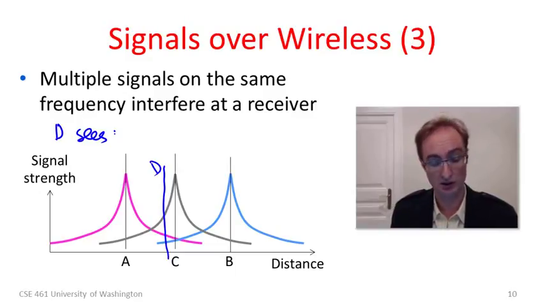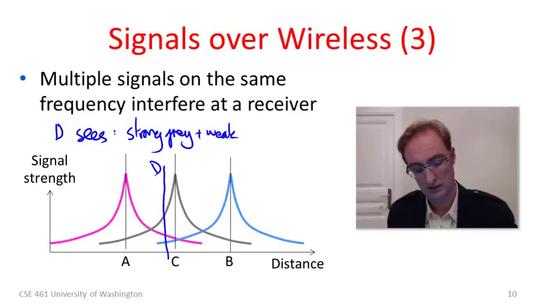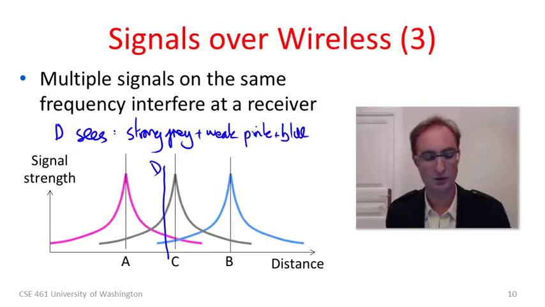We're going to see them all. So we're going to see, let's say, a strong grey, and a weak pink and blue. We'll see all of those signals. Now, of course, D won't be able to separate them easily. They will all be superimposed on one another. So really, it will see a mix of those colors if we're using a color analogy, which will make it very hard for it to understand what's going on.